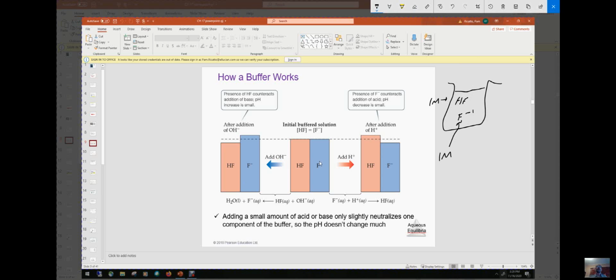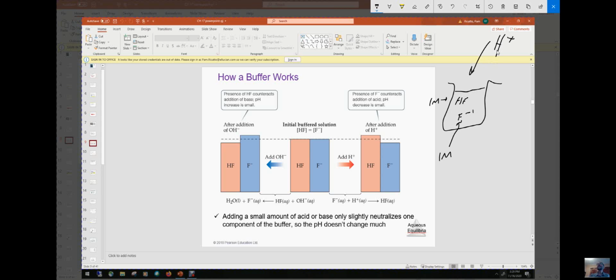Okay, what happens if I add acid to my solution? If I add acid, which of these two partners is going to take on the acid? Well, HF is an acid, so it can't react with an acid. It's F minus. If you think about superheroes, I have a superhero team of Batman and Robin. Robin's going to say, hey, HF, Batman, don't worry about it, I'm the base, I will take on H+.